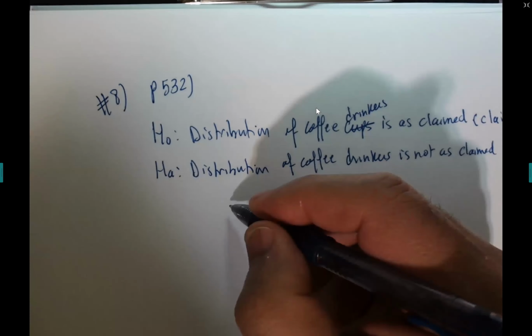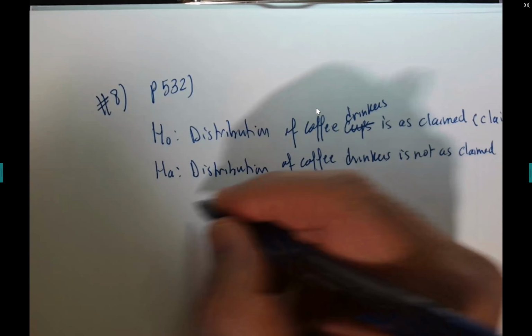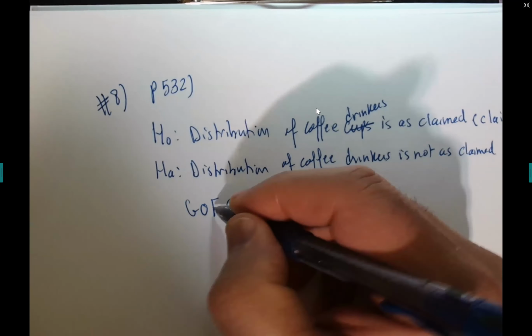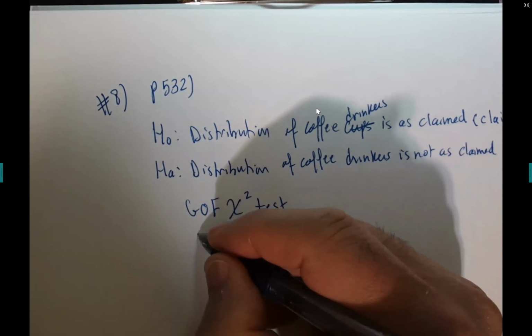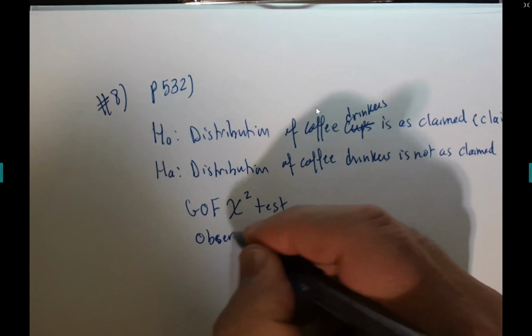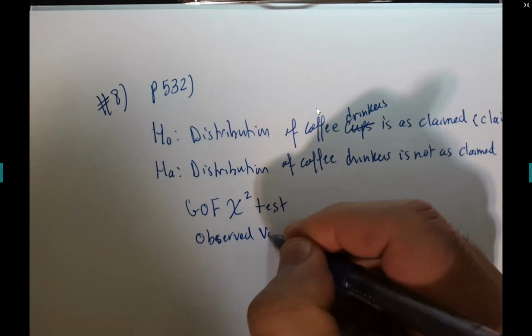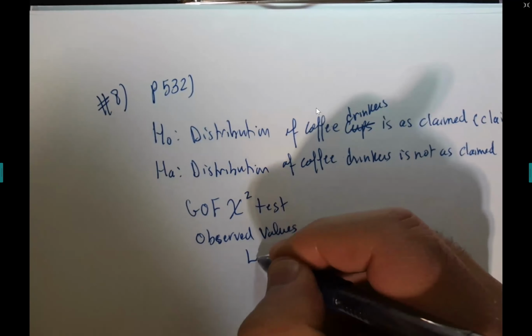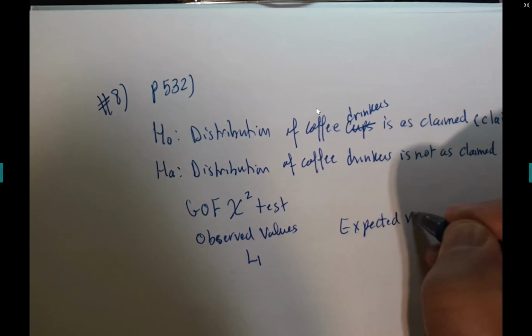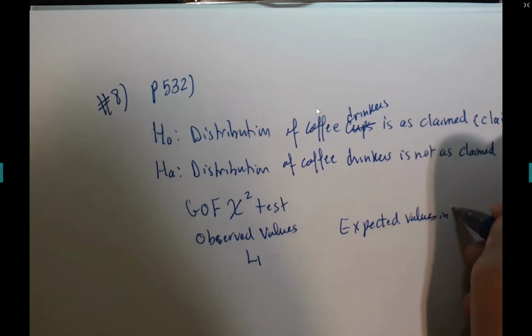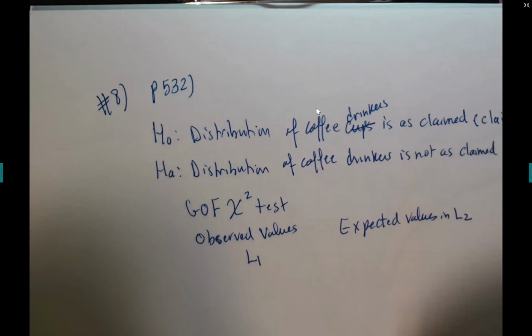We're going to run a goodness of fit test. It's called the GOF chi-square test. You're going to put the observed values in L1, and then the expected values in L2. And what are the expected values, guys?